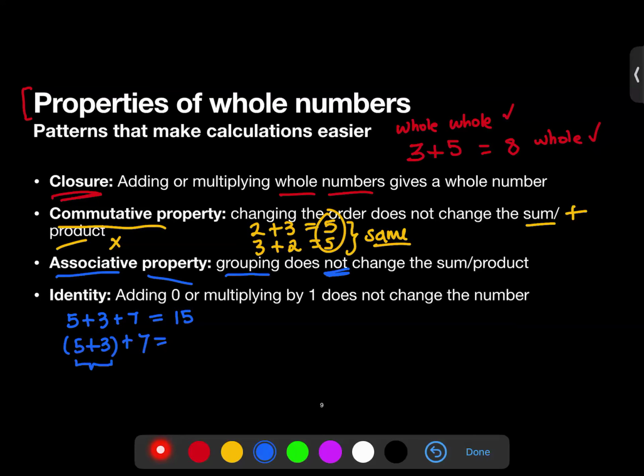So 5 plus 3 is 8, right? And then we add the 7, we still will get 15. So these results are the same. And lastly is identity property, where adding 0 or multiplying by 1 will not change the number.